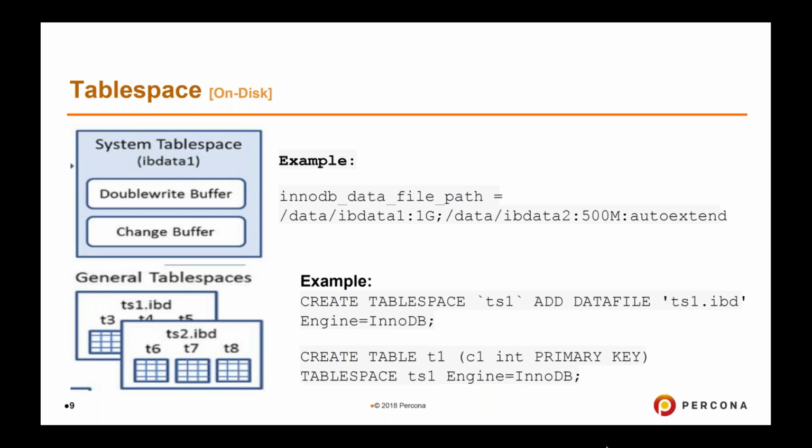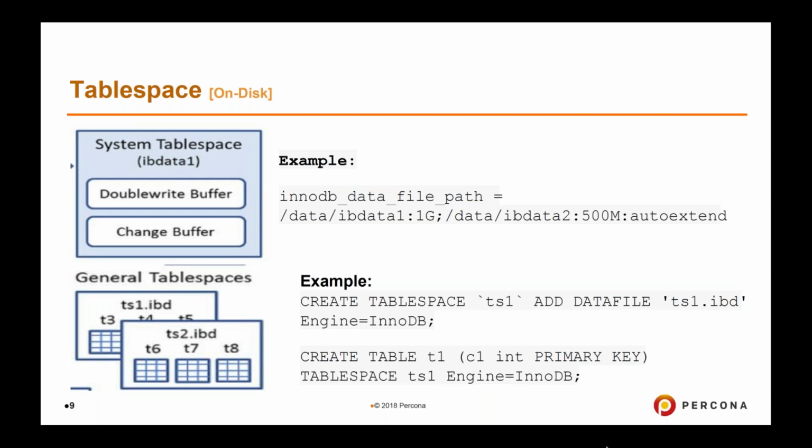To solve that problem, we have the concept of the general table space. Let's say I have 6 databases, 6 applications, with 70,000 tables. I can create a general table space for each application and store those 70,000 tables in that single table space.